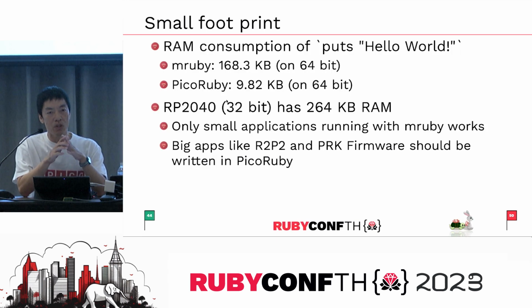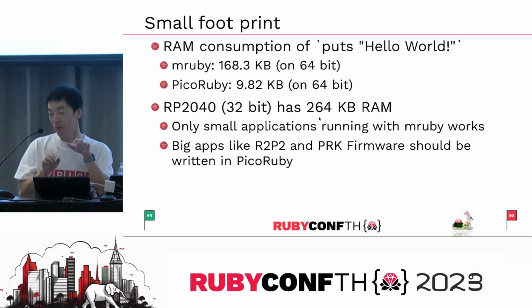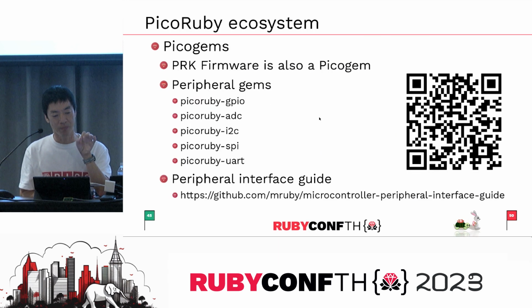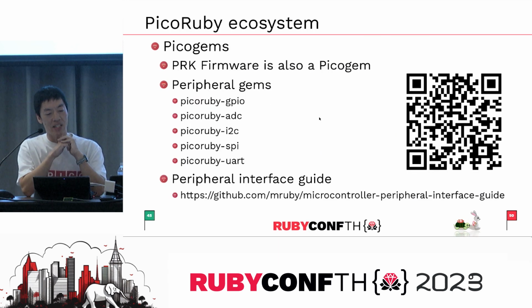This is why R2P2 can run on Raspberry Pi Pico. Raspberry Pi Pico has only 264 KB of RAM. Only small applications running with mruby work on Raspberry Pi Pico, I think. But big apps like R2P2 and PRK firmware should be written in PicoRuby. PicoRuby also has an ecosystem, PicoGems.